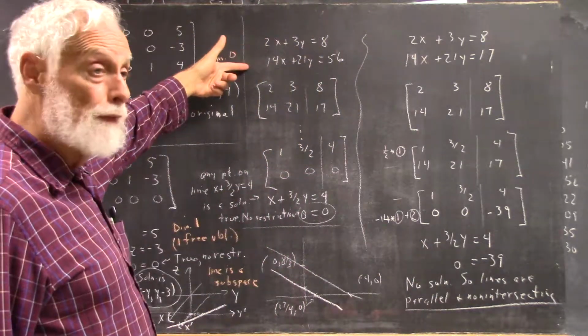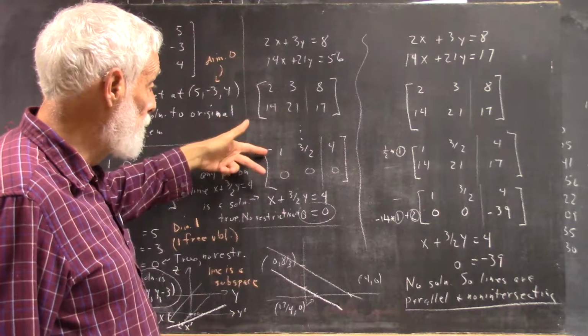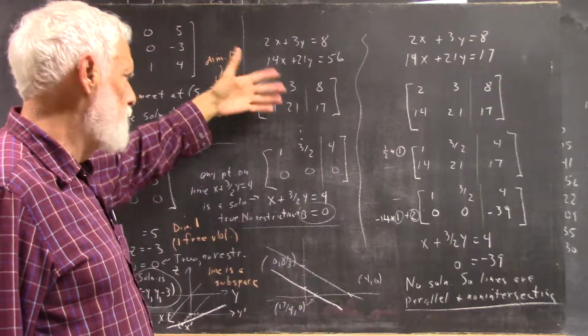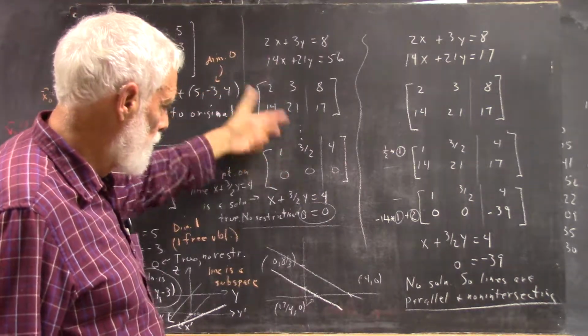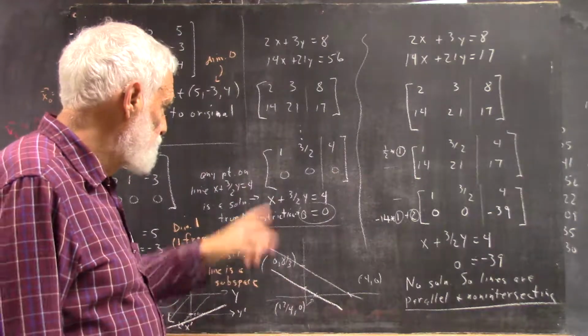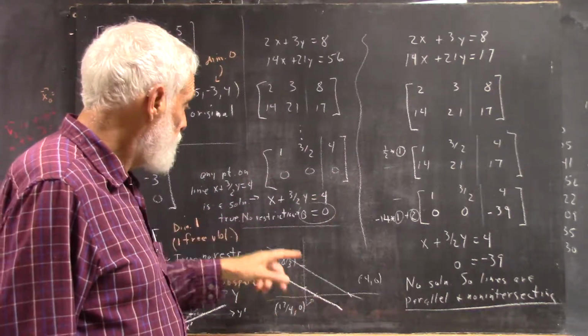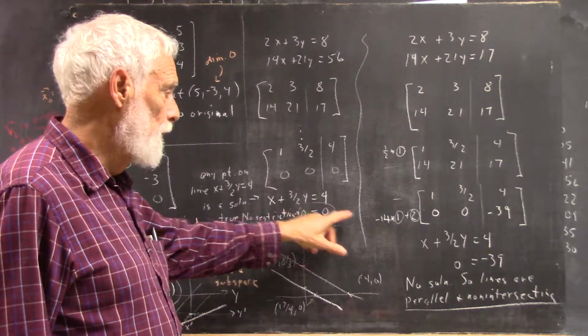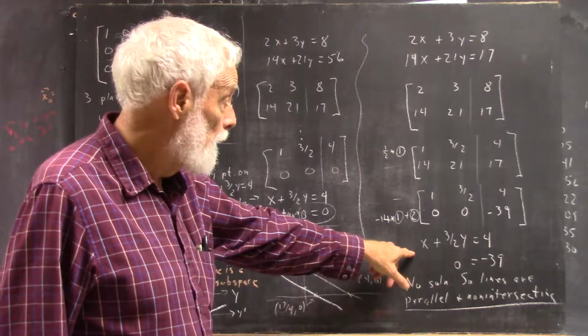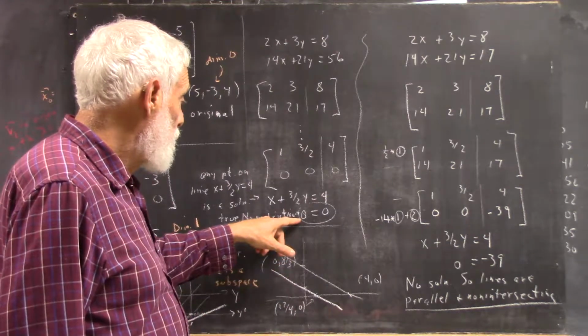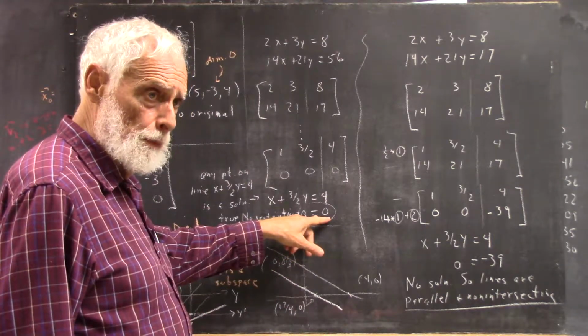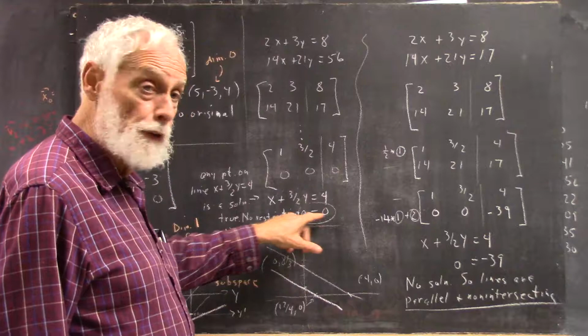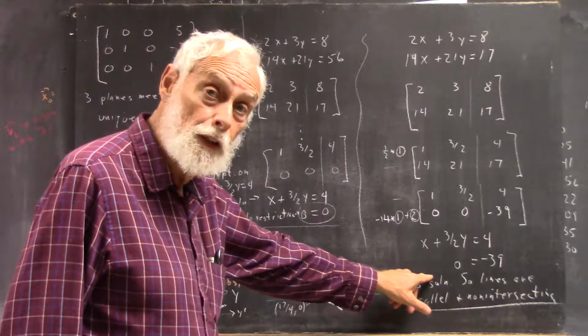We could also have this situation for these two equations, and if we express it as a matrix and reduce it in the usual manner, we get this. Translating into equations, we get x plus 3 halves y equals 4, the same equation we had here, but 0 equals 0, okay? Well, that's not a restriction, that's a true statement, whereas this is a false statement.